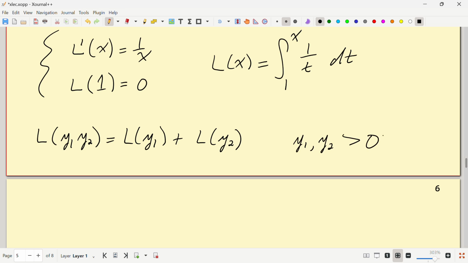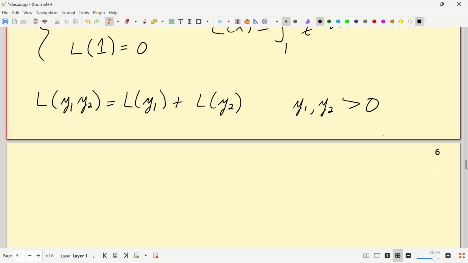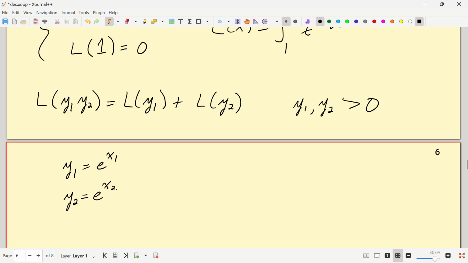Otherwise, logs don't make sense. Let's see, how would I show that? The y1 would be e to the x1 for some x, and the y2 would be e to the x2. And so y1 times y2 would be e to the x1 times e to the x2.